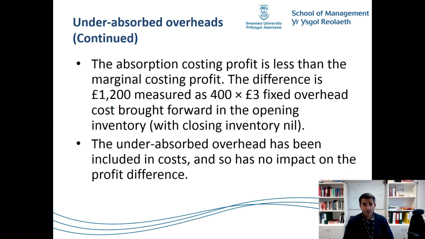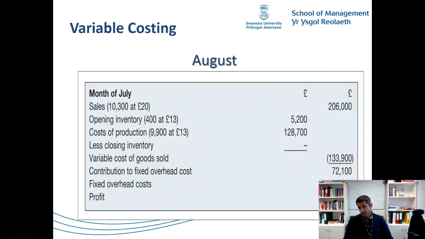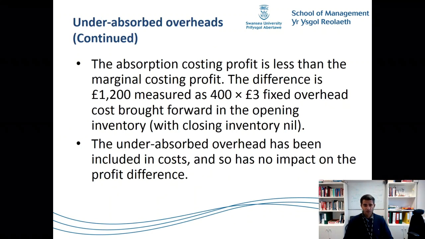So now let's have a look exactly at what happened here. Under absorption, with under absorbed overhead, the absorption costing profit is less than the marginal costing profit. The difference again is 1,200. Do you remember why I said this? If you want to see the difference in the profit, you need to find out the closing inventory, which, if you remember, was 400 units.